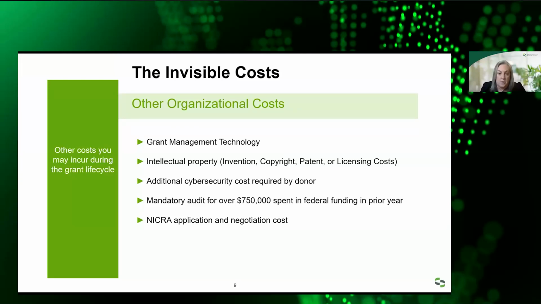Well, that's another hidden cost that you would have wished you would have budgeted for. When we all know if we spend over $750,000 in federal funding, we're going to have to pay for that audit. And you also want to look at your NICRA application and your negotiation costs and wrap those into any hidden fees or fees that you'll be paying towards your grant to keep those requirements up.